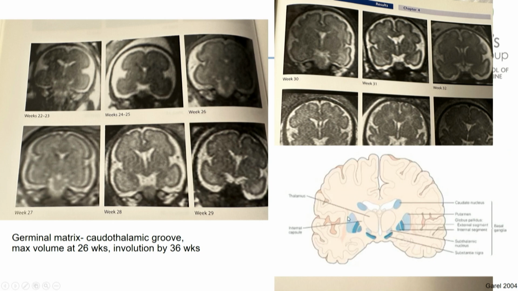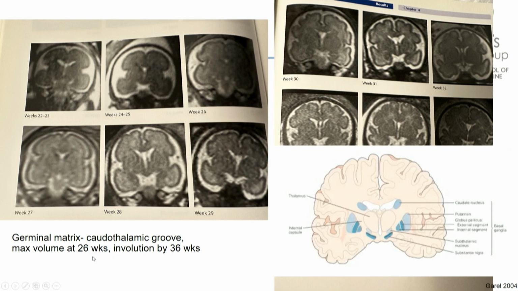Because it is producing so many of the cells, and so this is the region where the interventricular hemorrhages that we see in preemie babies usually occur. Whenever you get swings in blood pressure or hemodynamic instability, you can get ischemia to that area, and then you reperfuse and get hemorrhage, or you can get hemorrhage just outright from high blood pressure, just because the vessels are so packed in there. That's really an area of vulnerability.